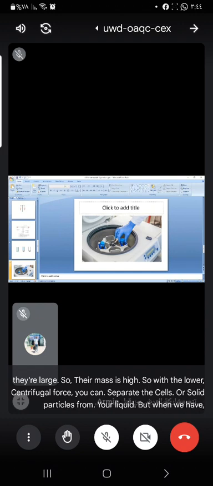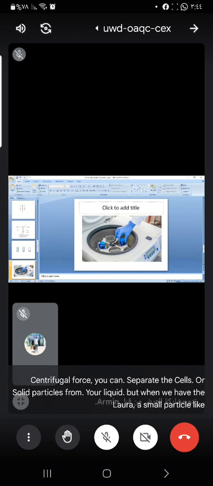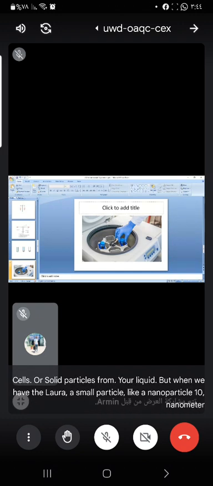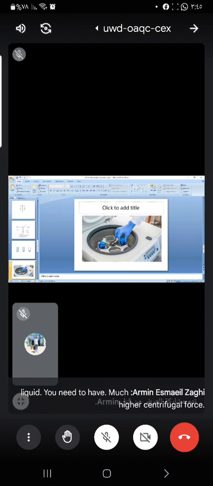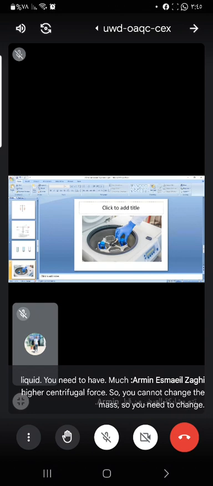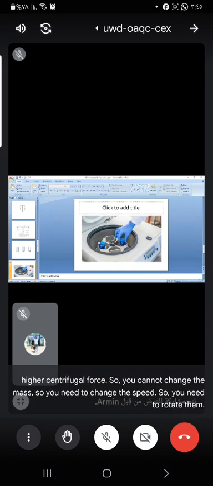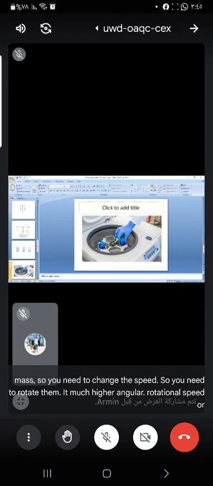But when we have a small particle, like a nanoparticle, 10 nanometer, 20 nanometer to 100 nanometer particles in your liquid, you need to have much higher centrifugal force. So you cannot change the mass, so you need to change the speed. You need to rotate them with a much higher angular rotational speed, what we call omega.